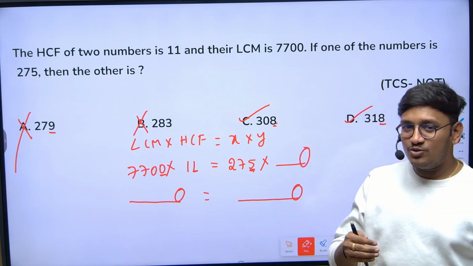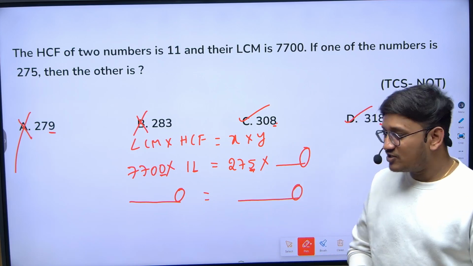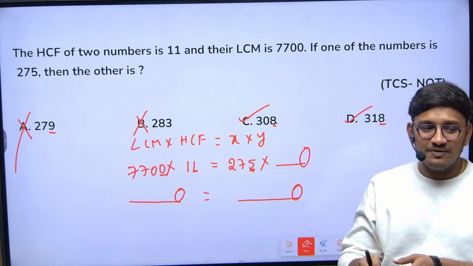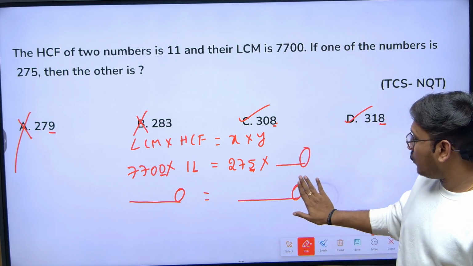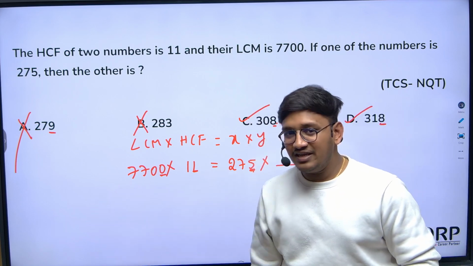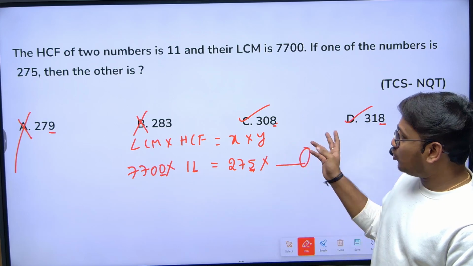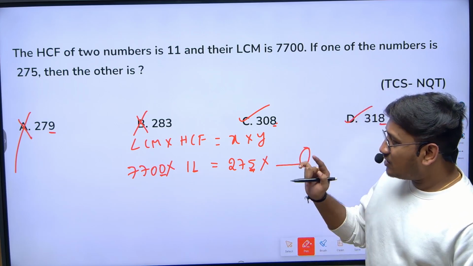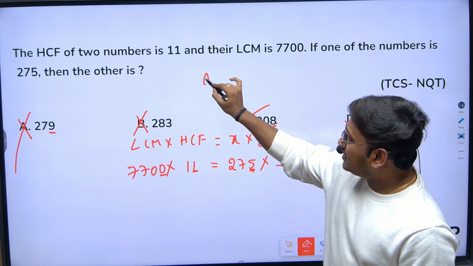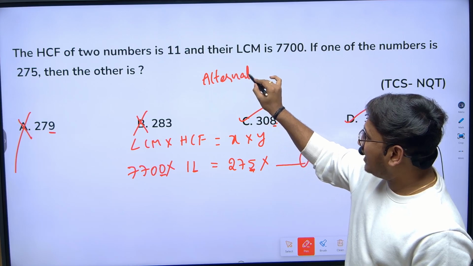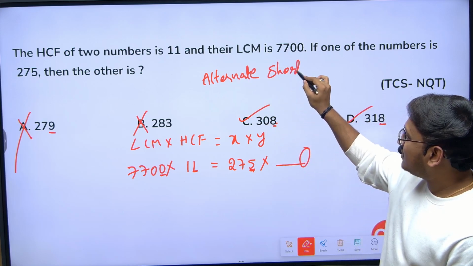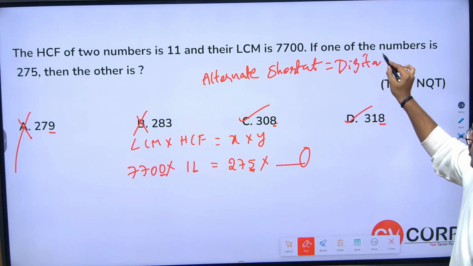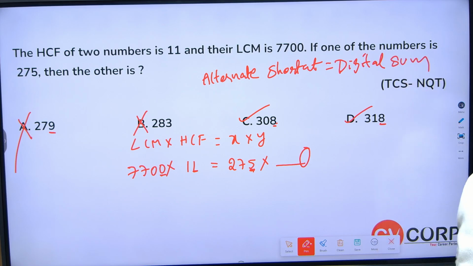But if you want to make that probability 100%, and this is not going to work, here we have two options getting satisfied while checking the units place. Now let me give you one more best shortcut, for the worst case where two options get satisfied. Very simple logic. Now we are using an alternate shortcut, which is nothing but, I hope you might have heard of the word digital sum.